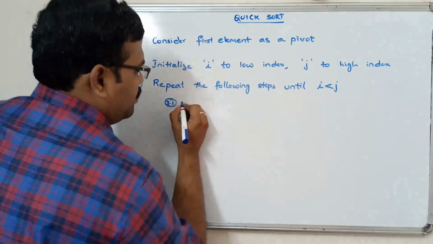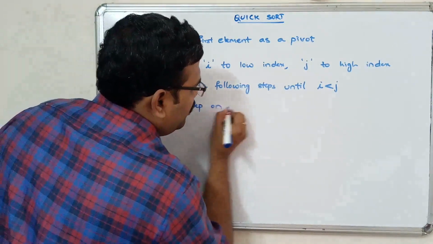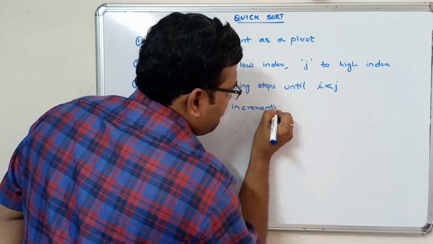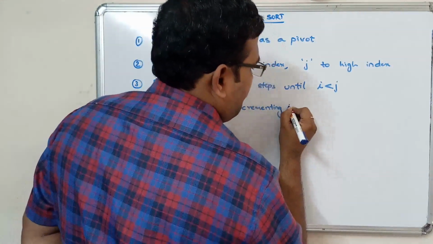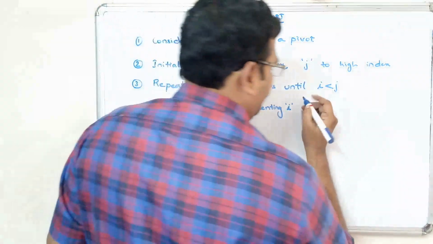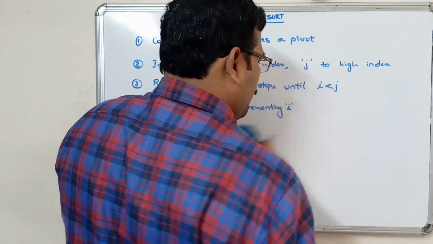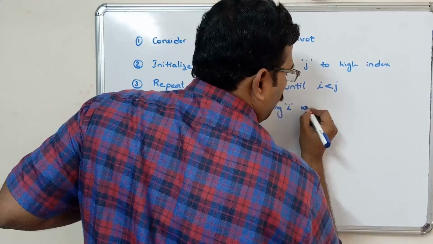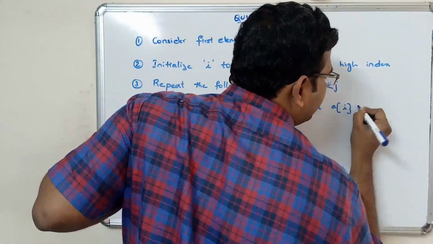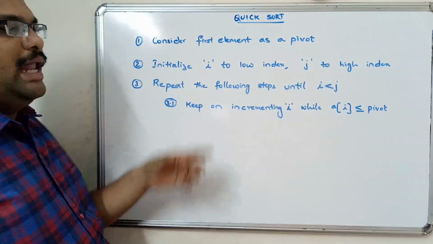First, keep on incrementing i while A[i] is less than or equal to the pivot.